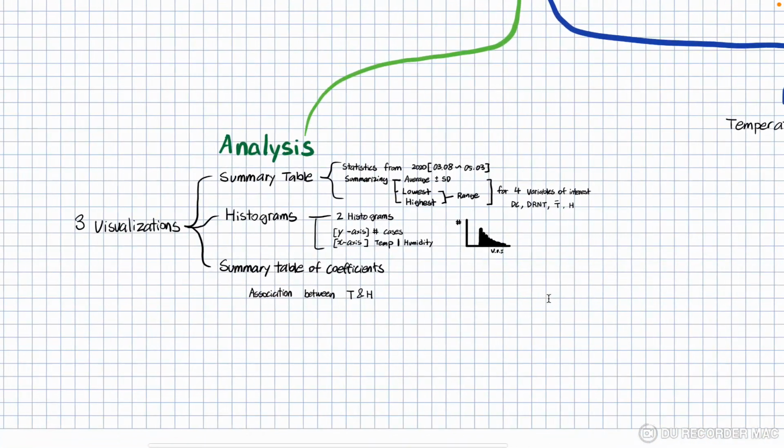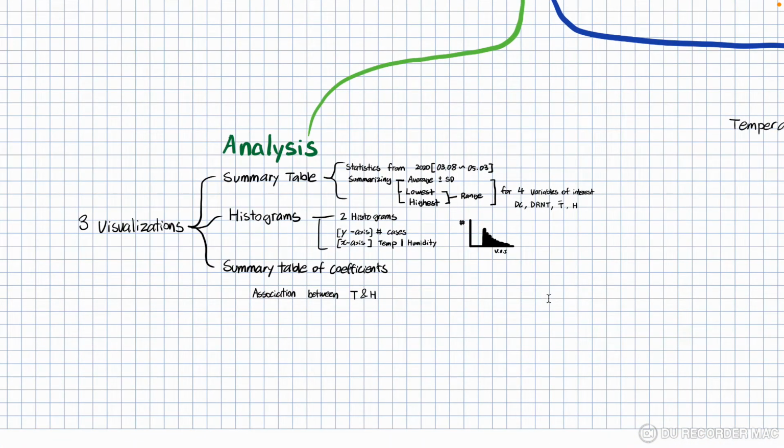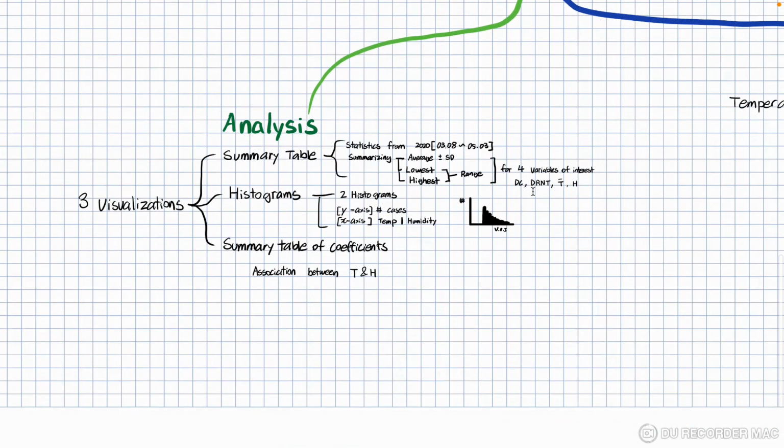For analysis, there were 3 visualizations with the corresponding data: summary tables, histograms, and summary table of coefficients. For summary tables, they summarize the average number of test cases and positive test cases per day, and the range of average temperatures and humidities with respect to our variables of interest.